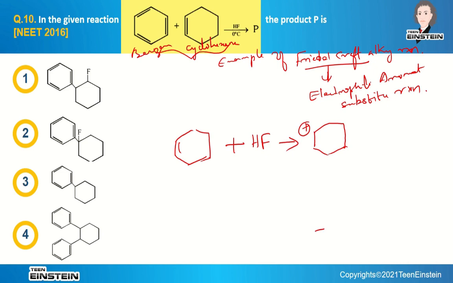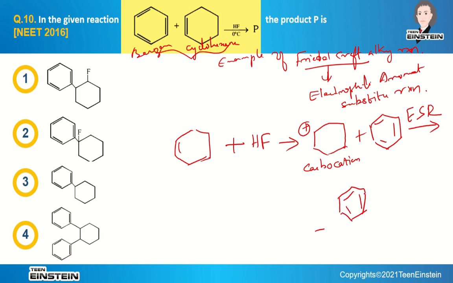Further, this carbocation reacts with the benzene ring, which undergoes electrophilic substitution reaction and forms a final product. So the correct option is option 3.